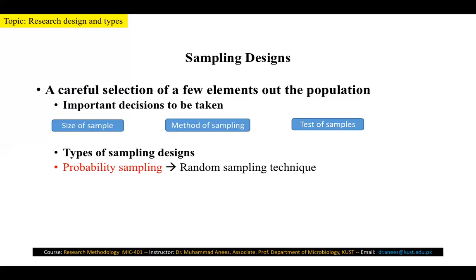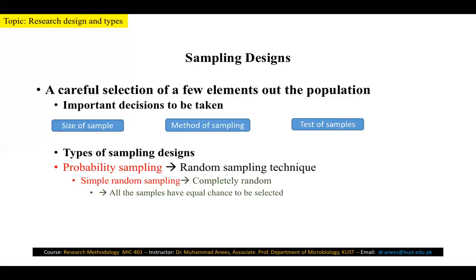We can divide probability sampling into different types. For example, there is simple random sampling. Simple random sampling means completely random. It means that all the subjects present in the population have an equal chance to be selected.